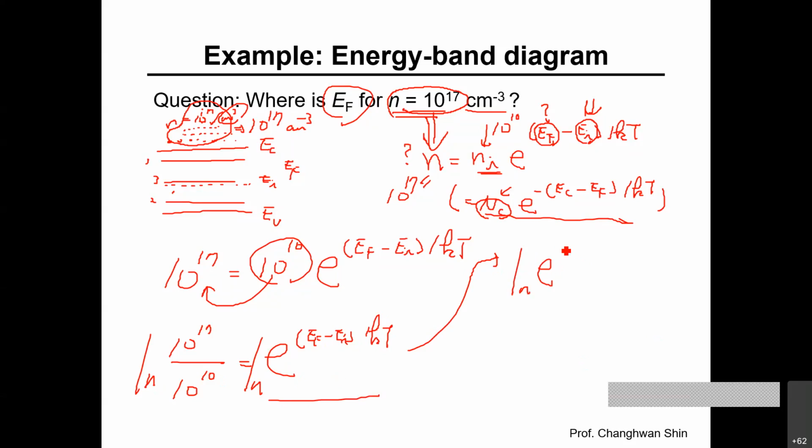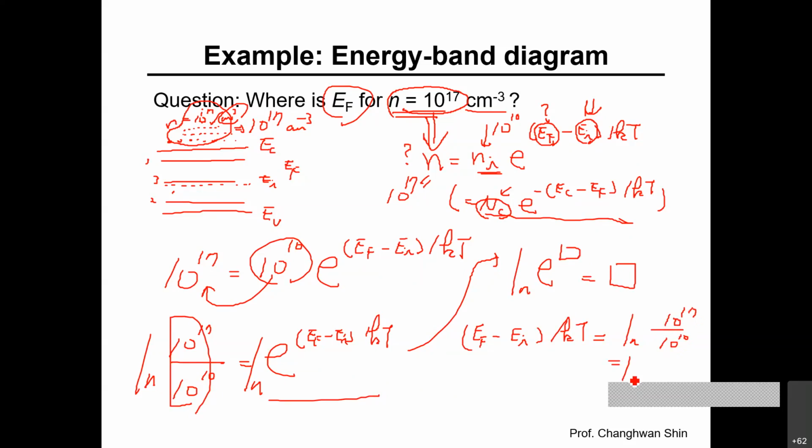Ln exponential something is equal to something, right? So EF minus EI over KT is equal to what? Left-hand side: ln 10 to the 17 minus 10.